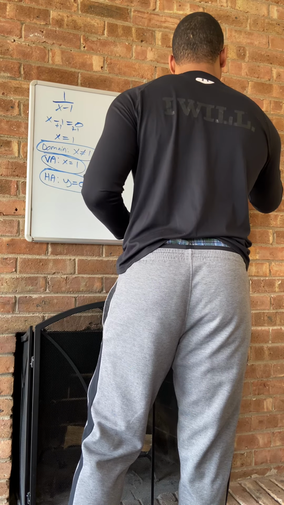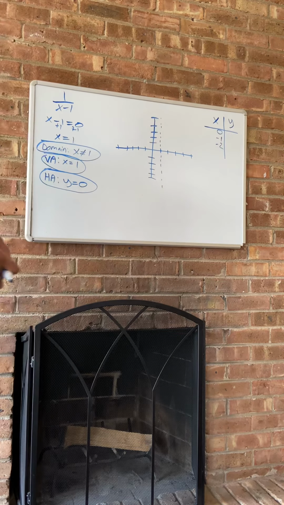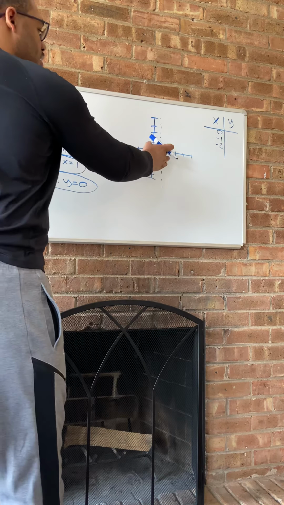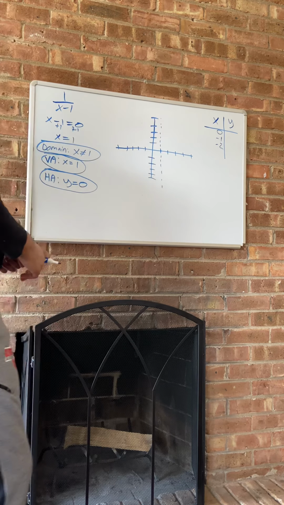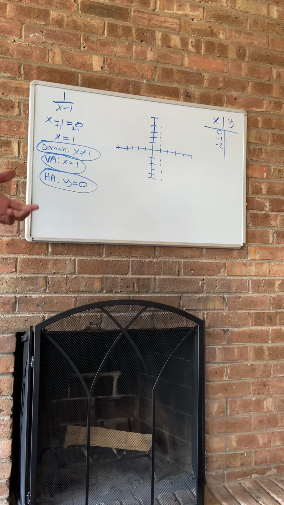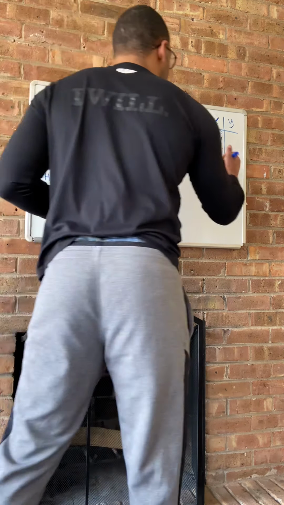-1, -2. I could also use fractions or decimals to get closer to this asymptote, but it's not necessary. I'm not being too picky about the points. 3 points to the right will be 2, 3, and 4.